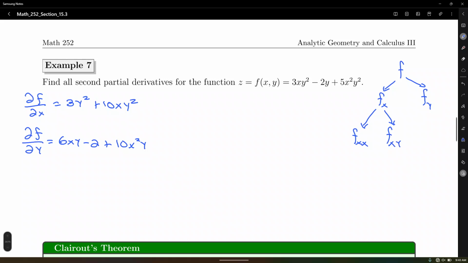All right? And lastly, if we go further through the other branch where we differentiated with respect to y, this splits into two more branches. First with respect to y and then with respect to x, or with respect to y again. All right? That's how we're going to get the 4 second partial derivatives here.